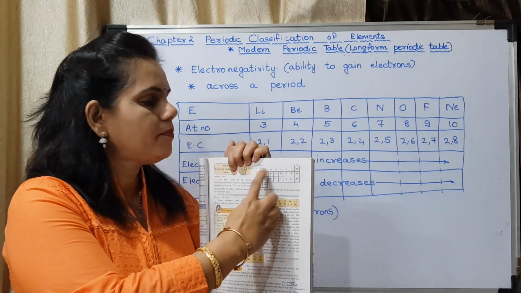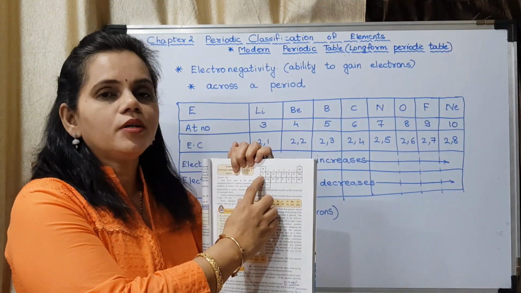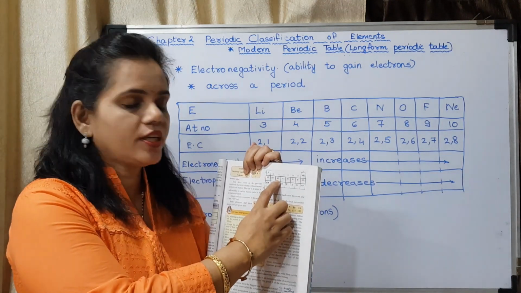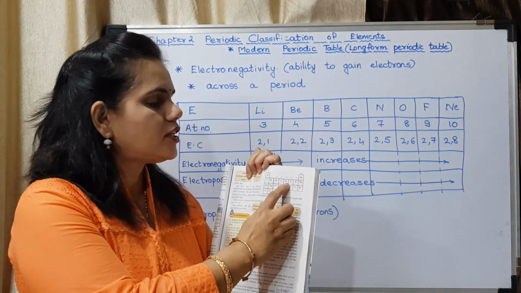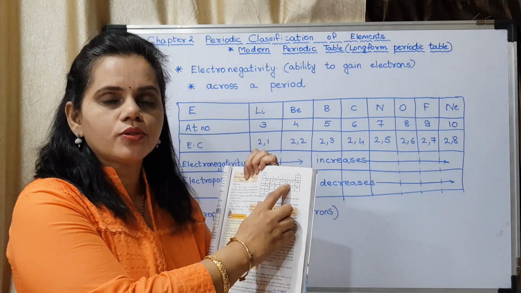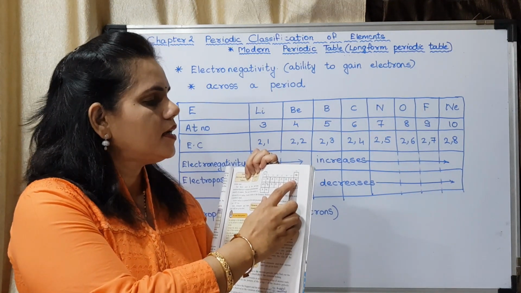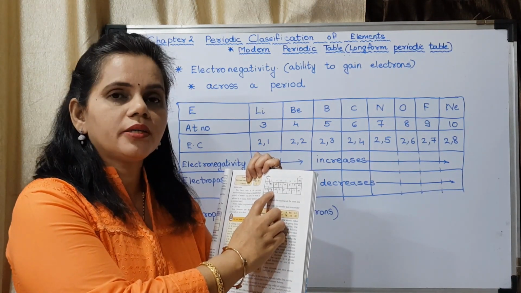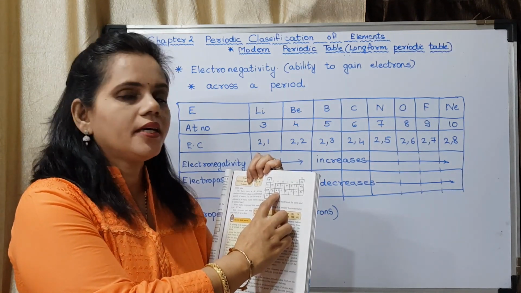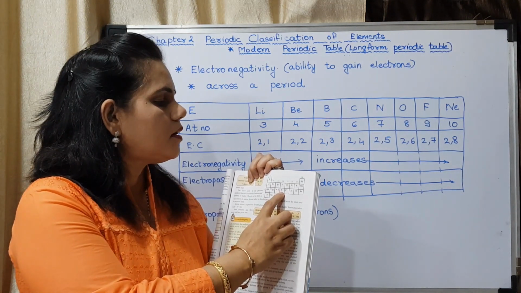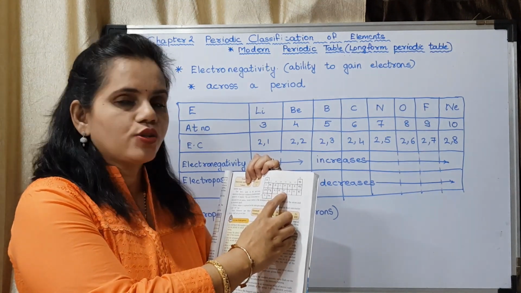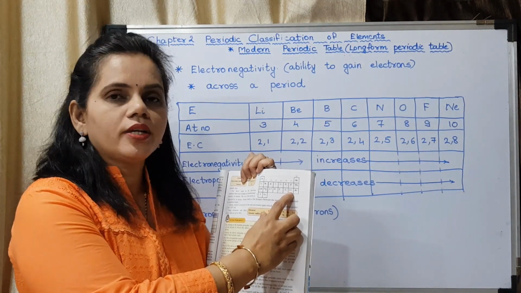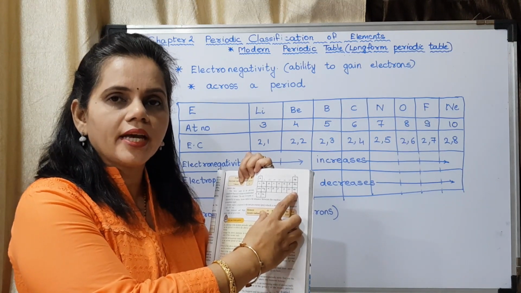For hydrogen it is 1, for helium it is 2, lithium 2,1, beryllium 2,2, boron 2,3, carbon 2,4, nitrogen 2,5, oxygen 2,6, fluorine 2,7, neon 2,8, sodium 2,8,1, magnesium 2,8,2, aluminium 2,8,3, silicon 2,8,4, phosphorus 2,8,5, sulfur 2,8,6, chlorine 2,8,7, argon 2,8,8.